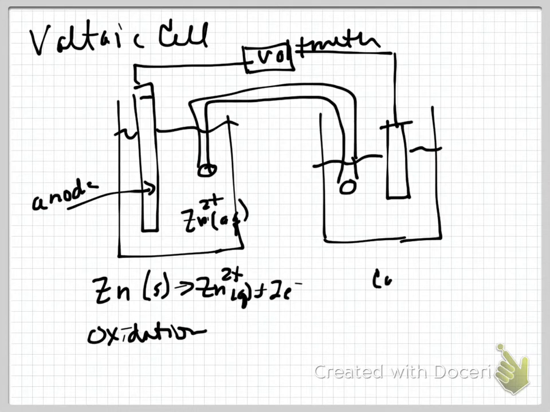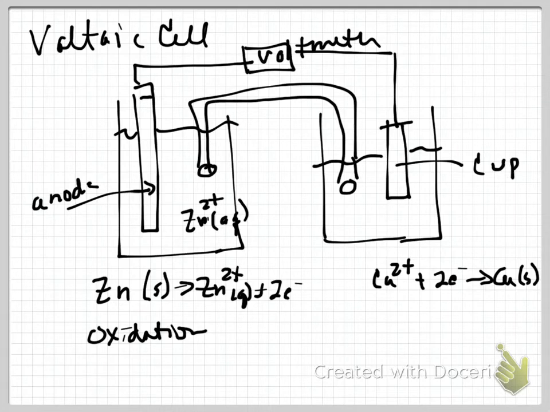And say that this is the reduction. That means that it'll be the cathode with copper ions there.